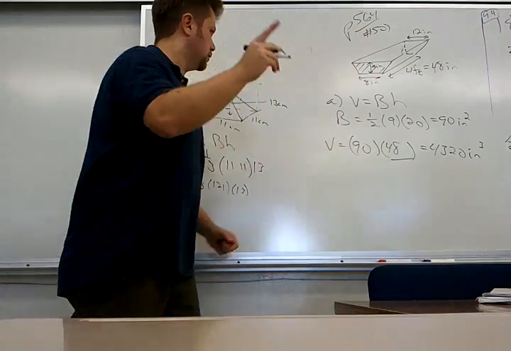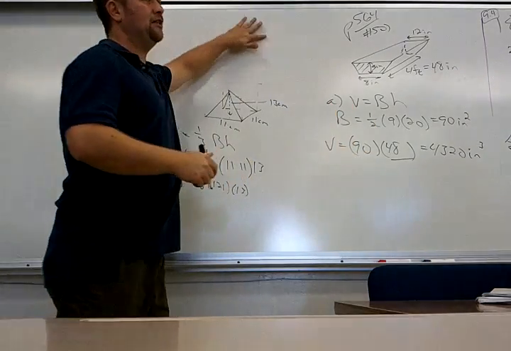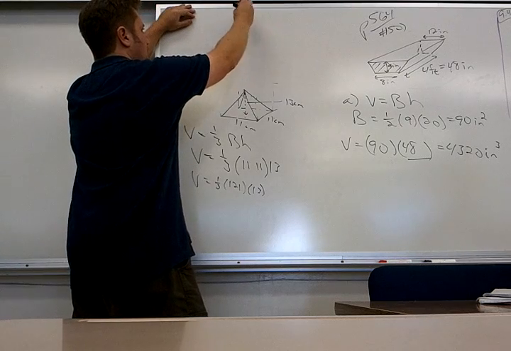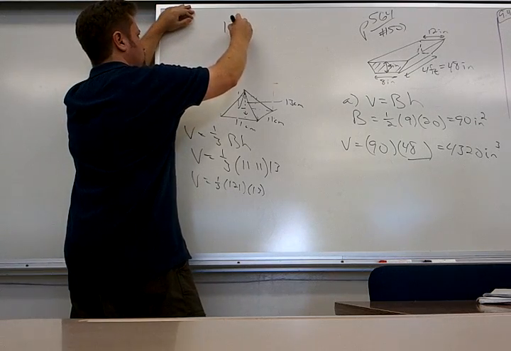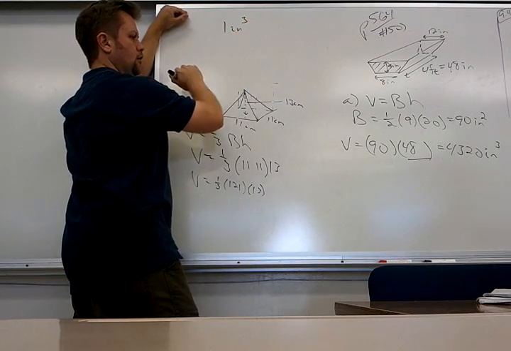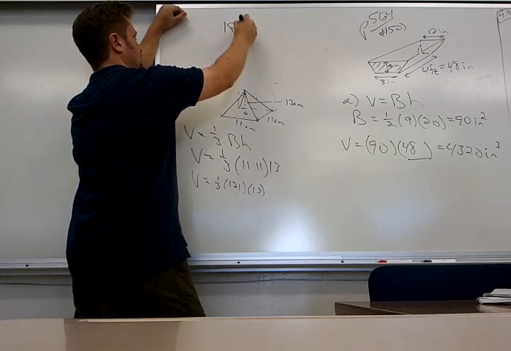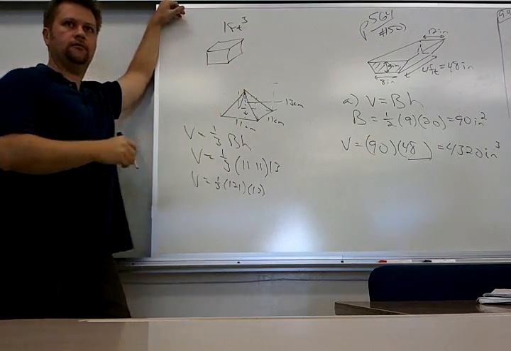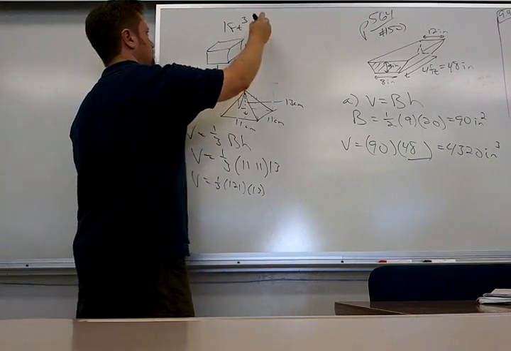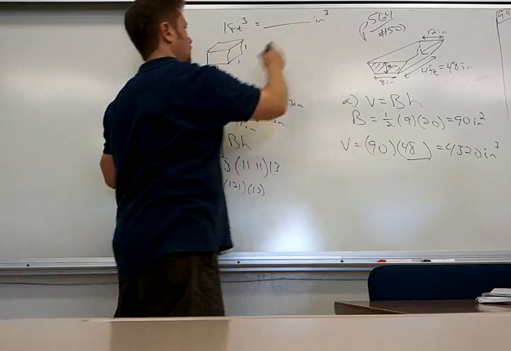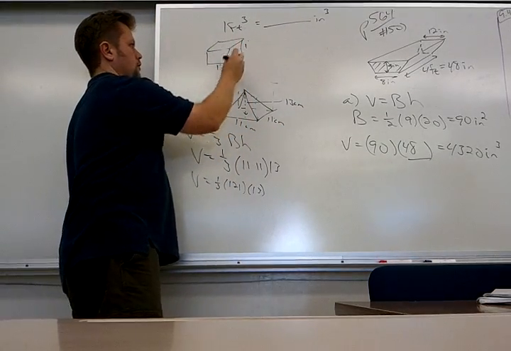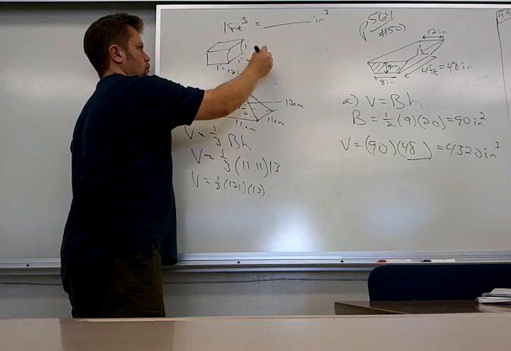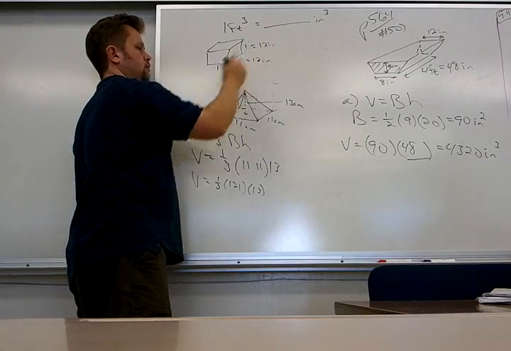Now here's the cool thing, now watch. You guys have already answered this question if you did the earlier homework. If I have a 1 cubic foot little box, how many cubic inches is that? 1 foot is 12 inches, that 1 foot is 12 inches, that 1 foot is 12 inches.